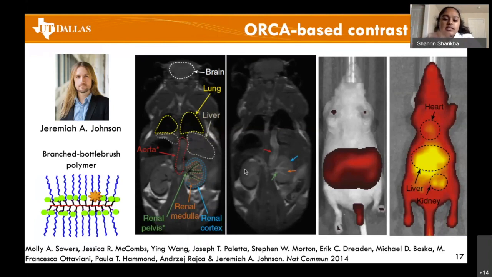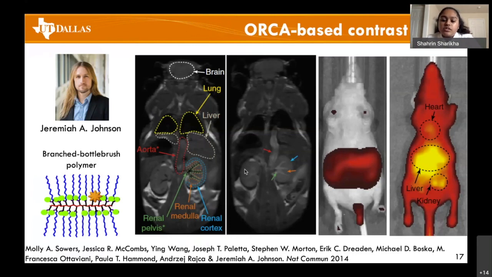That's what they did in this case, and they administered it to a mouse. Initially it enhanced the MRI signaling of the tissue, and afterwards, once the nitroxides were reduced, they were able to produce a fluorescence signaling.